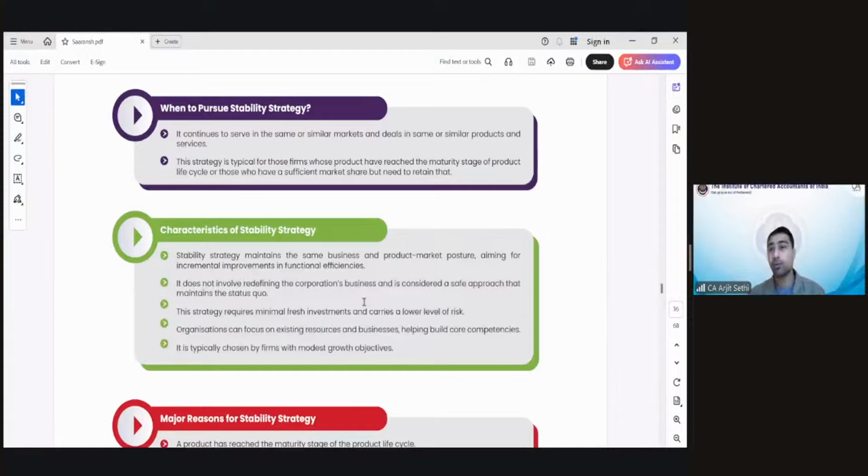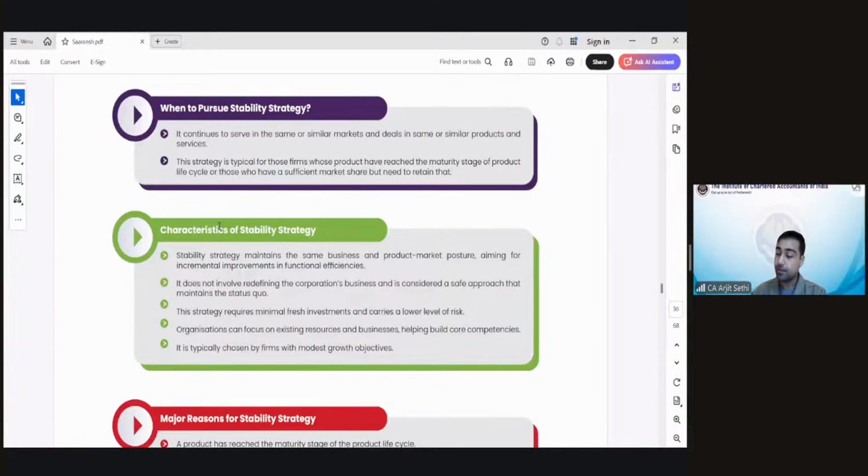Now I ask you one more question. Apple is in a growth strategy or a stability strategy? Apple is moving towards stability or it's still on growth? Growth, right?